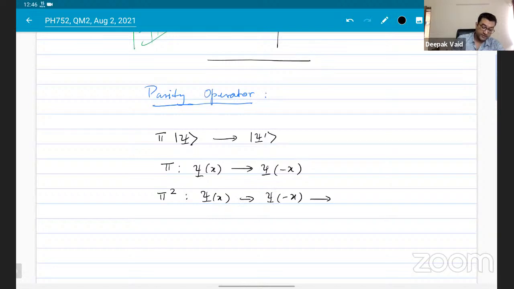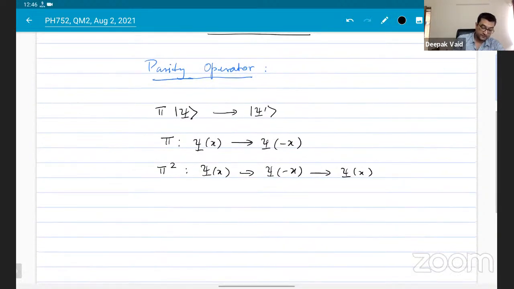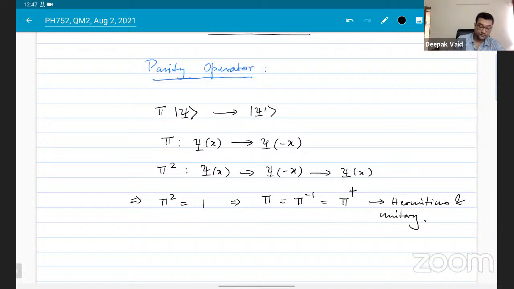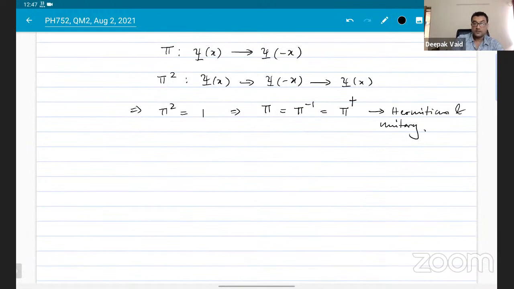You get psi of minus x, and then you again get psi of x. So pi squared is equal to 1. And what this implies is that pi is equal to its own inverse, and also that it's equal to its adjoint. So this means that the parity operator is both Hermitian and unitary.